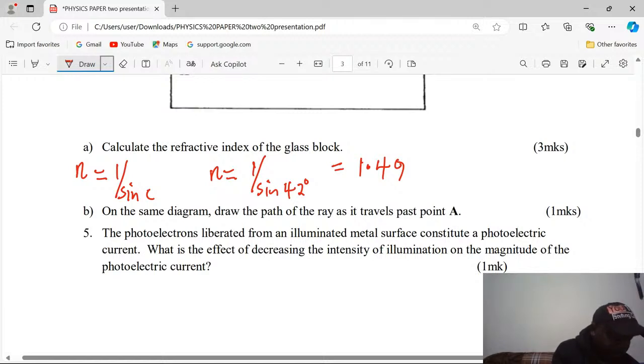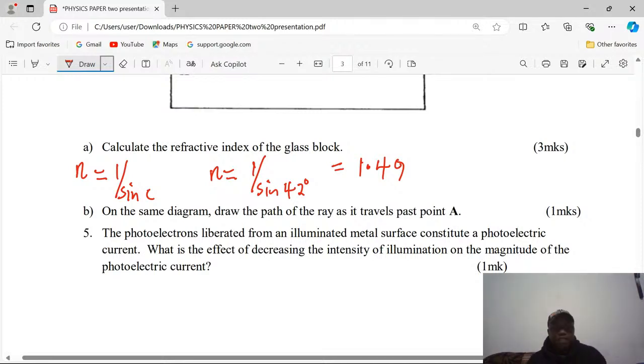Now we can continue. The photoelectrons liberated from an illuminated metal surface constitute a photoelectric current. Very true.